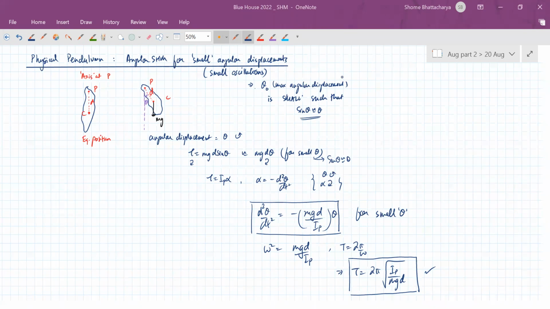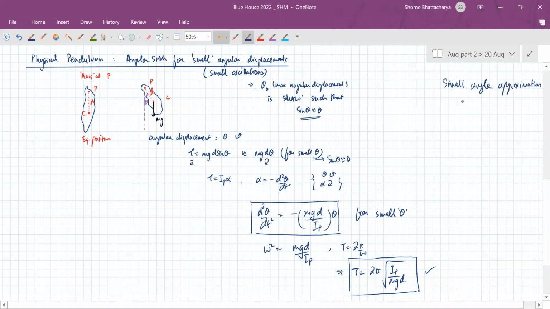From trigonometry, for small angles you have the approximation that sine theta becomes equal to tan theta, which is approximately theta itself in radians, and cos theta becomes approximately 1. So those are your small angle approximations. I'll write them on the side: sine theta is approximately equal to tan theta, which is approximately theta, and cos theta is approximately 1.